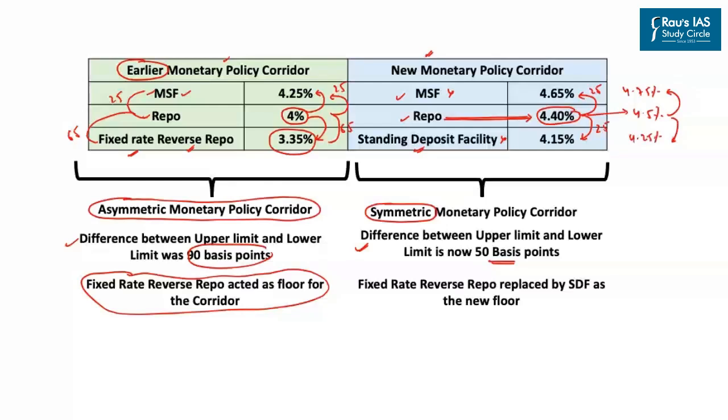So whenever you make changes in repo, MSF and standing deposit facility get adjusted accordingly. MSF is 25 basis points higher than repo, and standing deposit facility is 25 basis points below repo. So automatically MSF and standing deposit facility change with respect to changes in repo. So that is the concept of the monetary policy corridor.